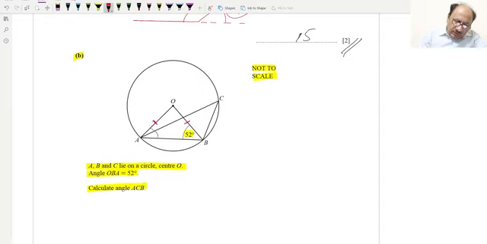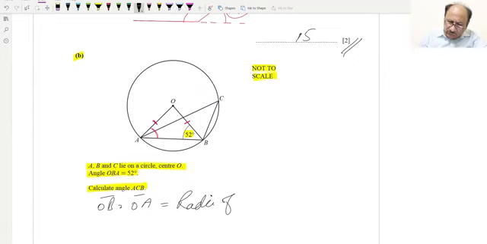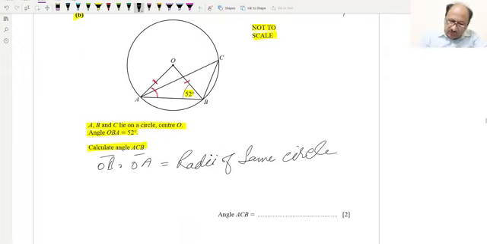So we can write the steps also, for example, we can say OB is equal to OA, because they are radii of the same circle, and this is the reason which we have written. And now this angle will be 52, and angle AOB will be equal to 180 minus 104.